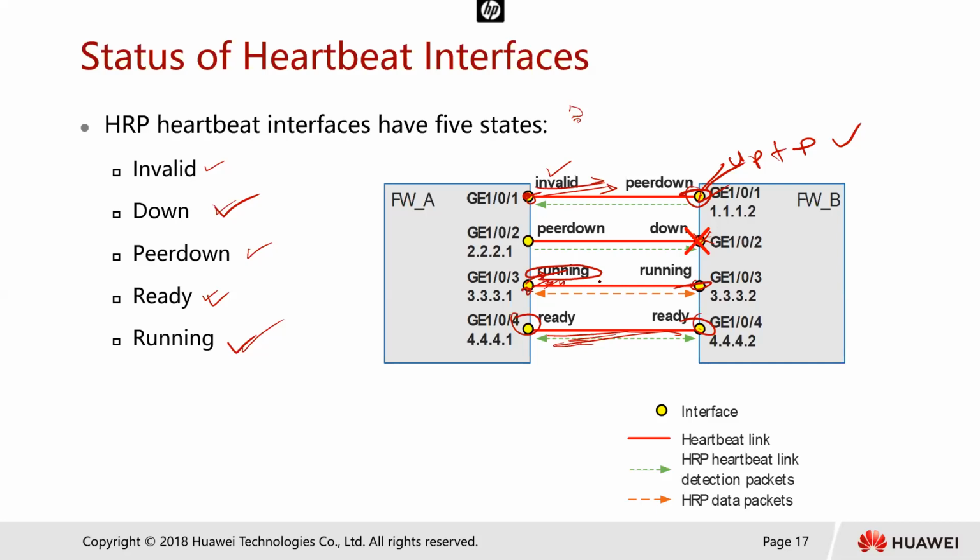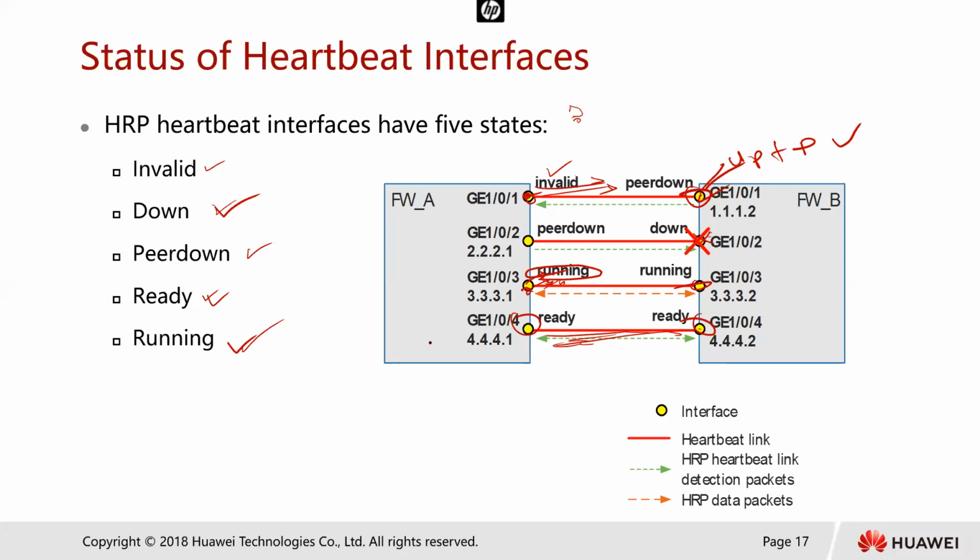Other local heartbeat interfaces are in a ready state, and they serve as backup, ready to take over services in case of a switchover, or when the running heartbeat interface on the heartbeat link fails. In summary, the heartbeat link detection packets are used to detect whether the peer heartbeat interface can receive the packets and determine whether the heartbeat link is available.